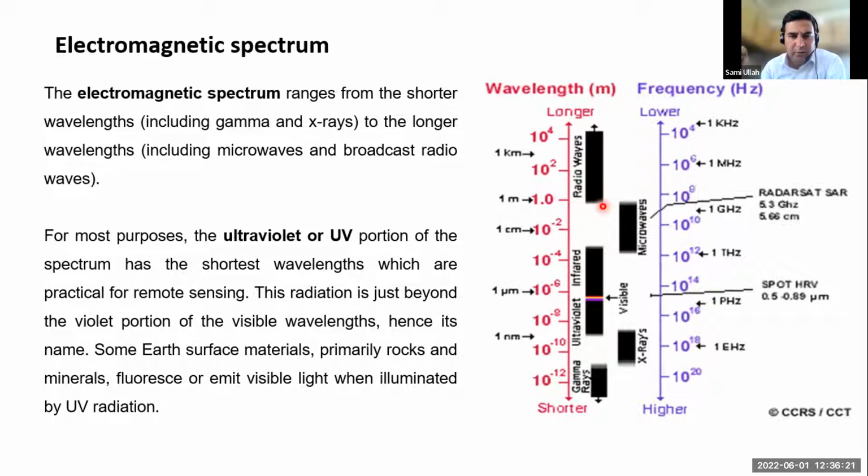After that, ultraviolet also has the third shortest wavelength, but we have the ozone layer, which we'll discuss in detail, which blocks the ultraviolet radiation. Then we have the visible spectrum, which we can see with our eye. We call it visible because it's within the sensitivity of the human eye. We can only see the visible color. This reaches the ground, and infrared also reaches the ground, and microwave and radio wave.